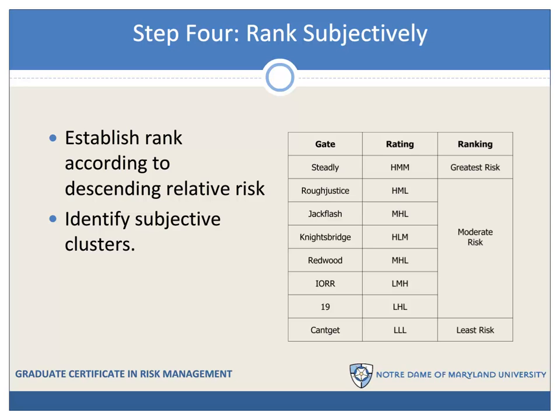In step 4, you use the list you just created to rank the items from greatest risk potential to least. Notice here that Steadley had a rating of HHH. Of all the lock gates listed, this was the greatest risk potential, by definition. Can't Get had a rating of LLL.